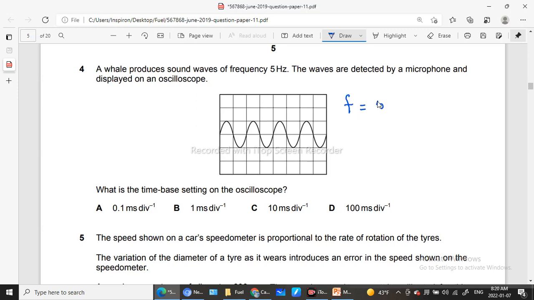Frequency equals 5 Hertz. So the period T is 1 over f, equals 1 over 5, equals 0.2 second. Now this time is equivalent to this distance on the time axis.